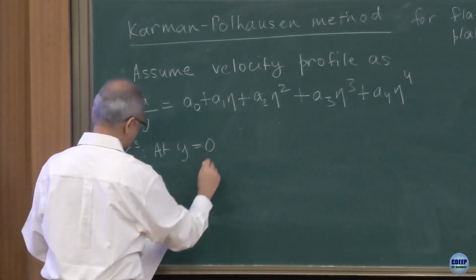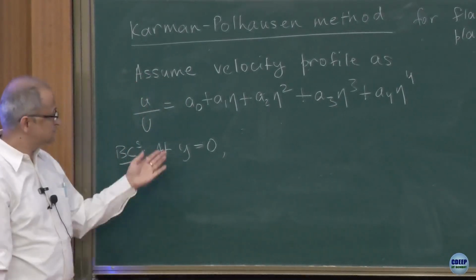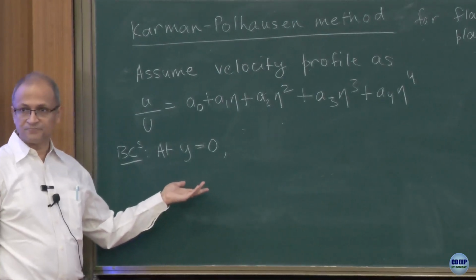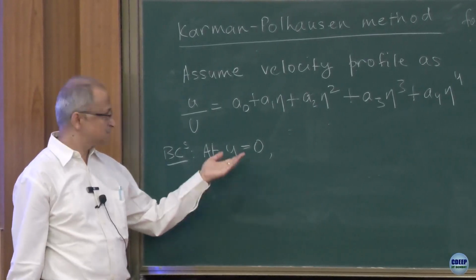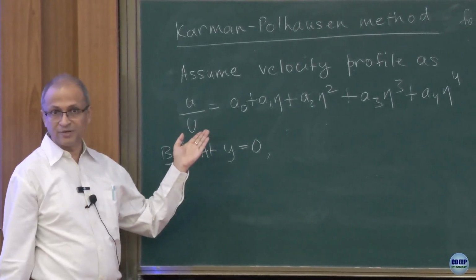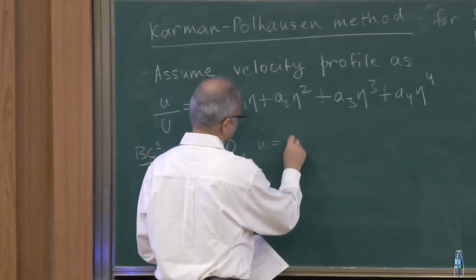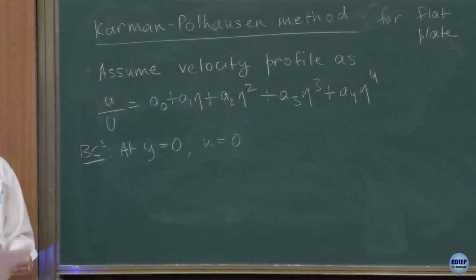At y is equal to 0, that's the first boundary condition that we can write, that the flow has to satisfy the no slip condition. So when y is equal to 0, eta is equal to 0, then u has to be 0. Whatever the polynomial, this condition I have to always impose.